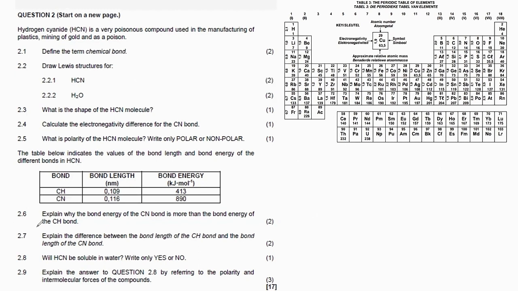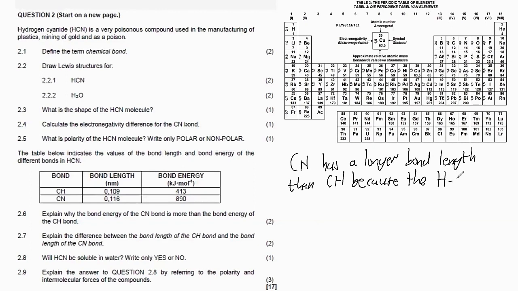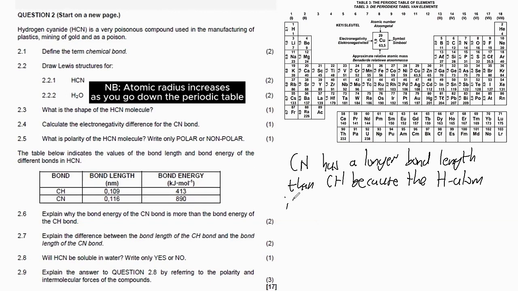Then 2.7 says, explain the difference between the bond length of the CH bond and the bond length of the CN bond, right? So we want to tell them CN has a longer bond length than CH because the H atom is smaller than the N atom.